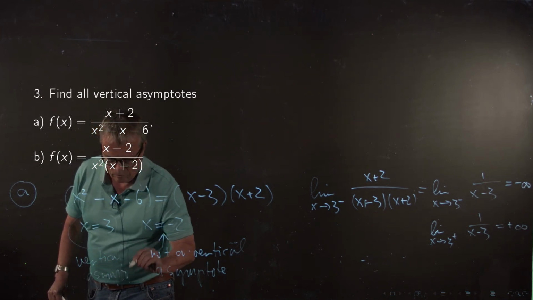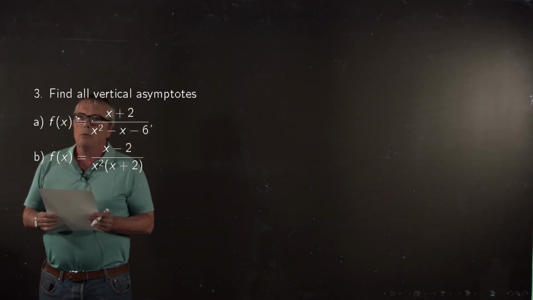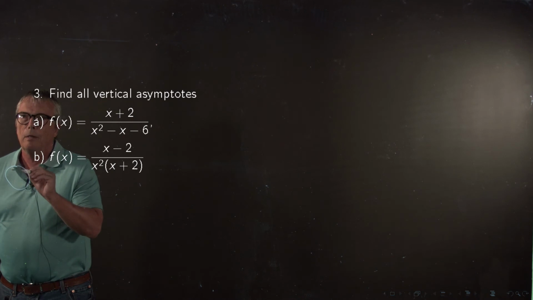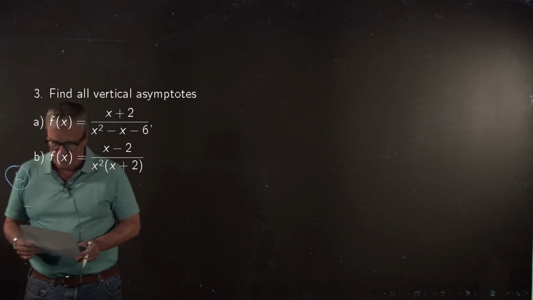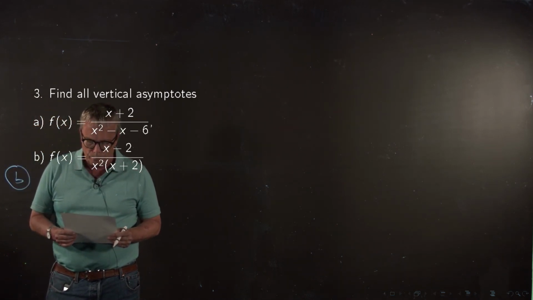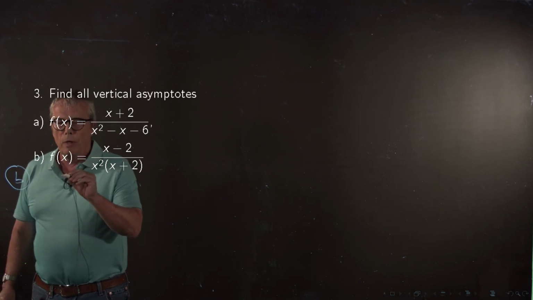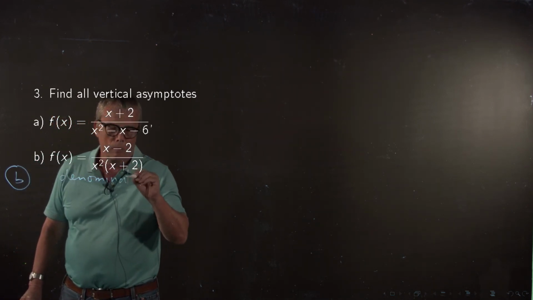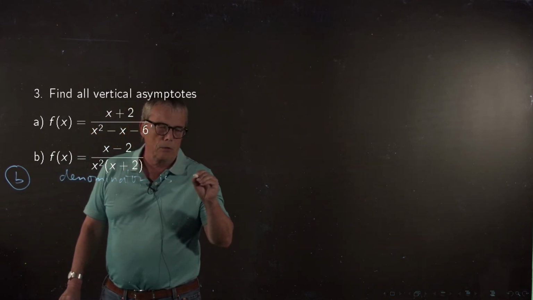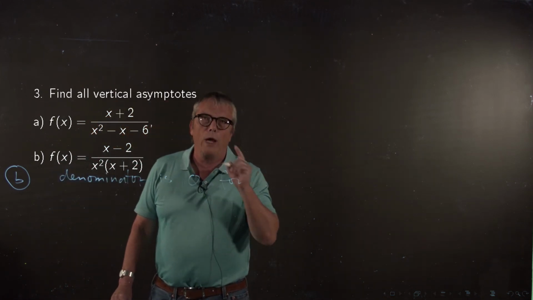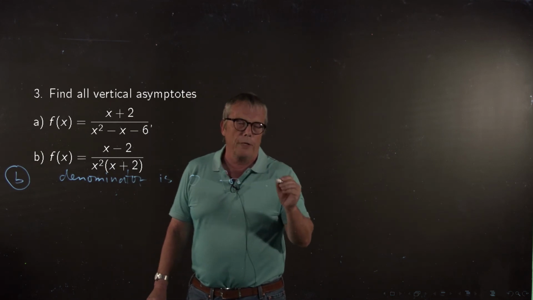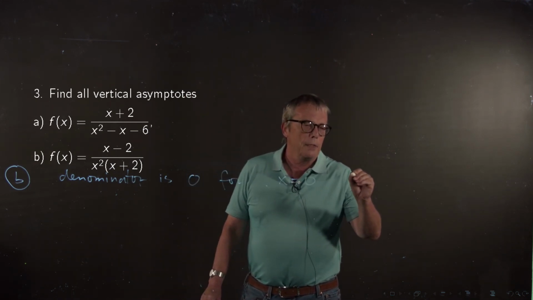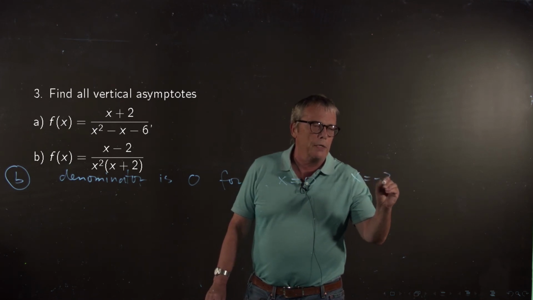Okay, let us now do problem number B. In this case, the denominator is 0 for x equals 0 and x equals minus 2, since it's already factorized.